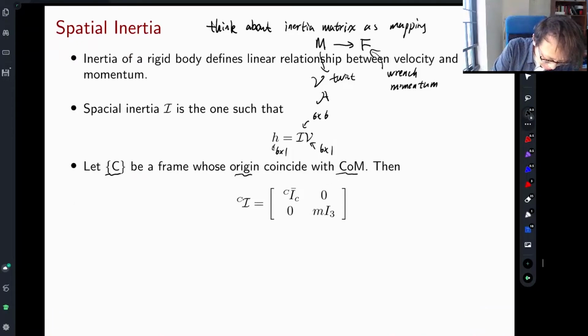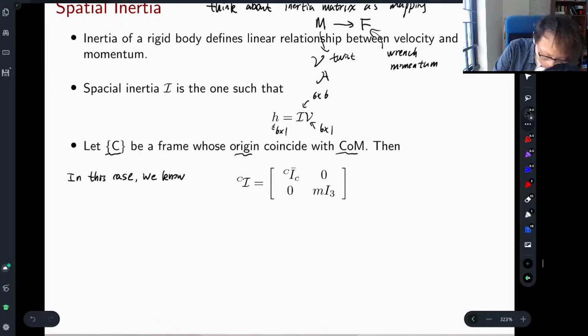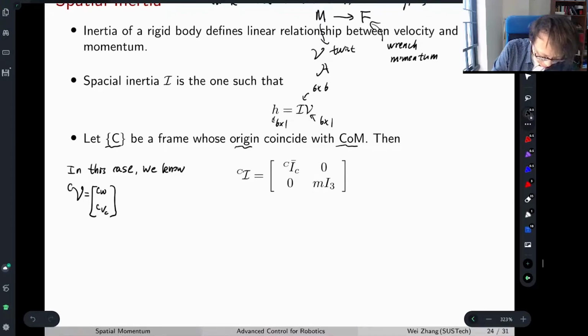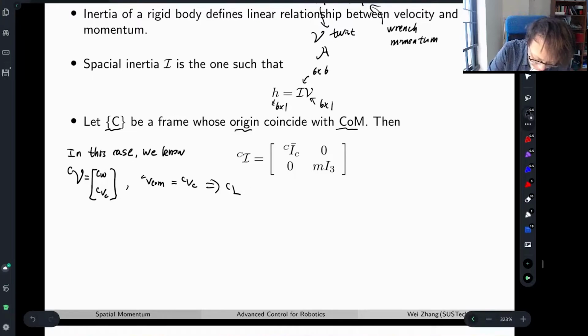In this case, let's suppose this is my twist: twist in C equals omega in C and VC in C. This is my notation, and the velocity of the center of mass in C is just VC in C, because this frame is rigidly attached to the body, and they are the same. That's why L in C is M times VC in C.